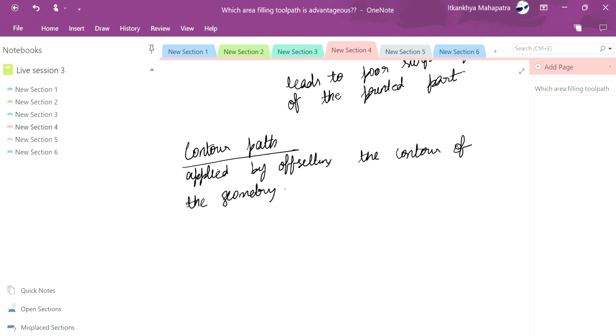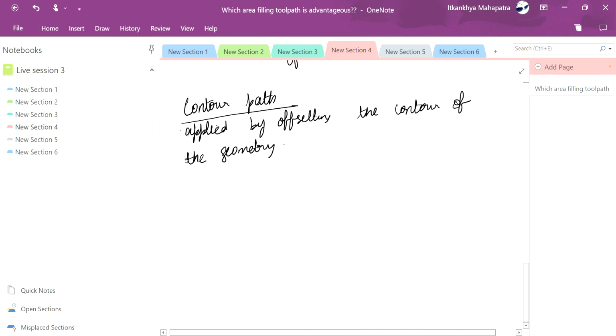But here the disadvantage is again that we can fill only a few lines from the outer boundary by using contour. The outer profile will not remain as good as it is required. Like the raster path, which approximates any contour by linear edges, the contour path creates a series of offsets starting at the outer boundary and progressing towards the center. So that is why in the end we prefer a combination of zigzag and contour.